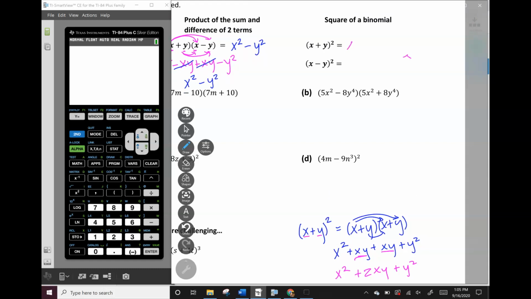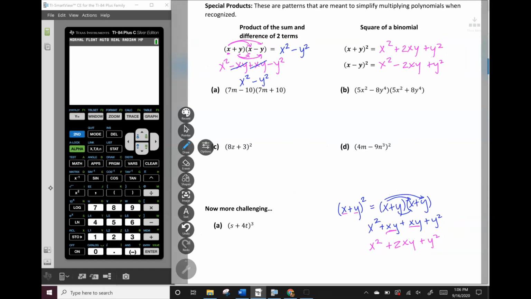So let's write that down. And the pattern is similar if we have the difference and we're squaring that. For that case, it's going to come out to x squared minus 2xy plus y squared.